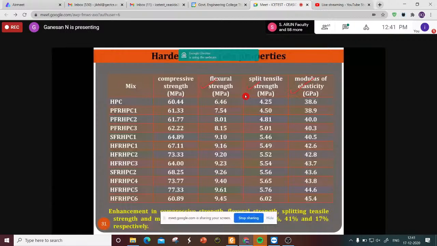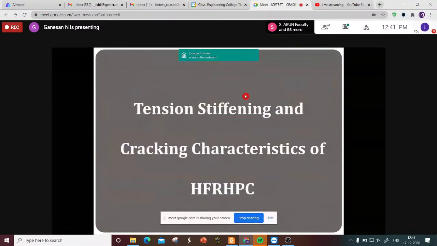Now let me come to a very important topic, that is tension stiffening, because quite often we use this term in the case of width of crack.